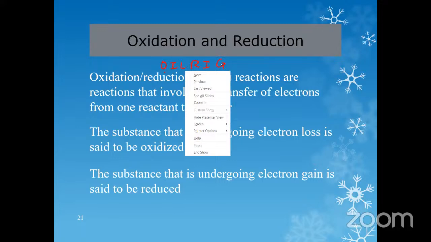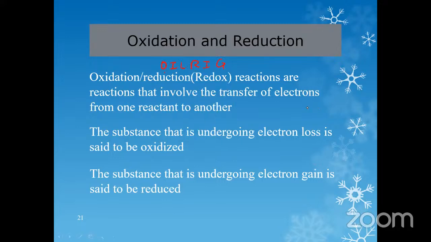That should be helpful in remembering the definitions. This is what happens in every redox reaction. Something will lose electrons, and those electrons have to go somewhere, and the substance gaining those electrons will be the one that is undergoing reduction.